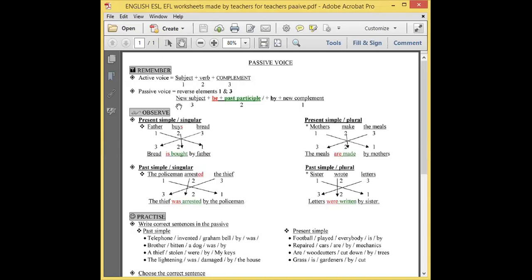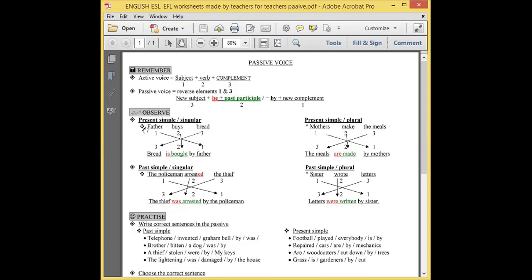The object becomes the new subject, and after that we have the verb be, which in the present tense becomes either are or is according to the subject, or in the past tense becomes either was or were, of course. And after that you should mention the past participle form of the original verb, and you should put the preposition by, and after that the new complement, which was the subject of the first sentence.